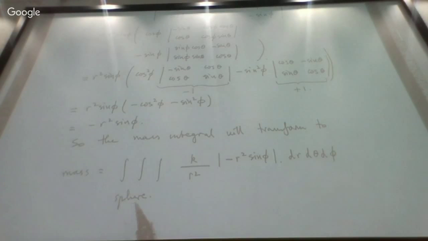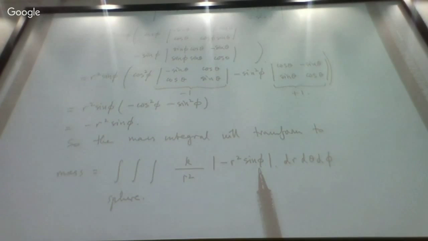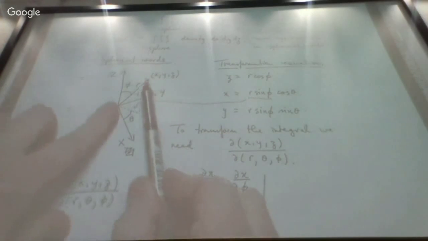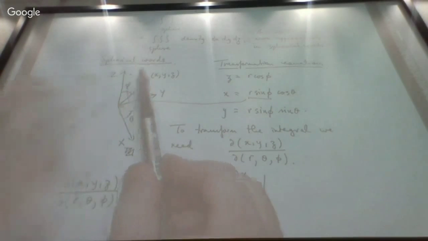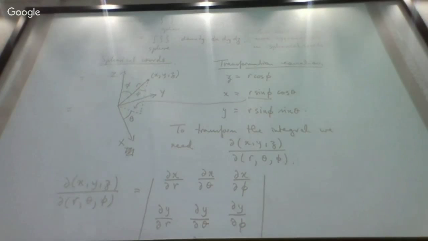So you can kind of get a feel for why this factor here is sine phi. If you're at a point with a very low phi angle, which means you're at a point very close to the z-axis, a point which is almost vertical, and you vary the azimuth angle theta, the point just spins around and describes a very small circle.